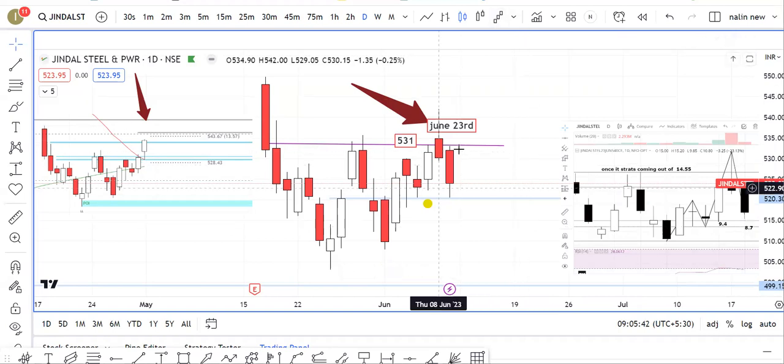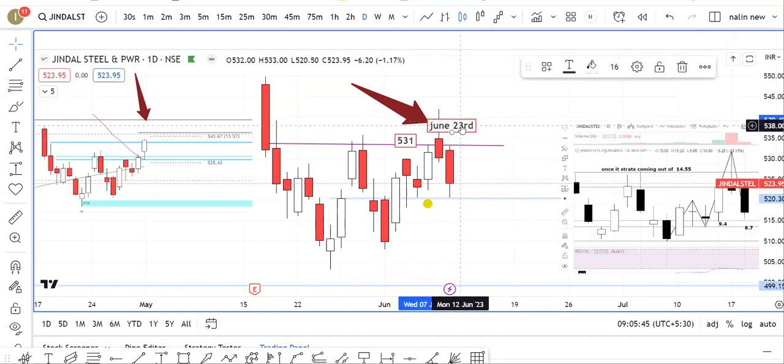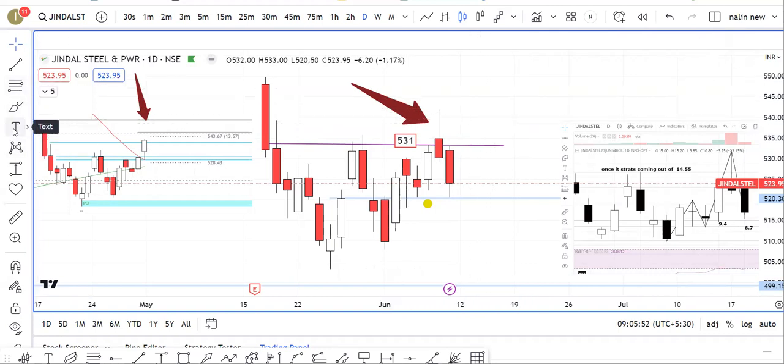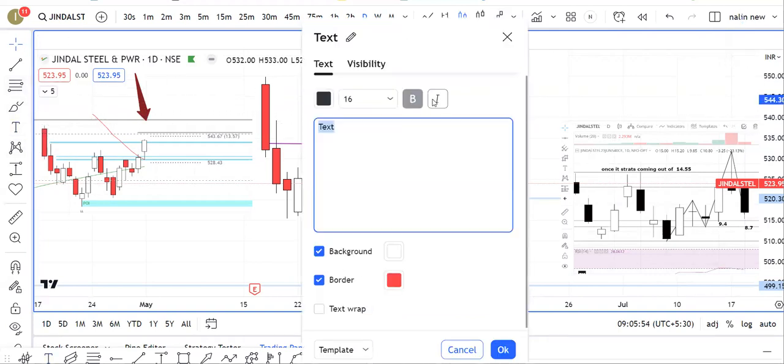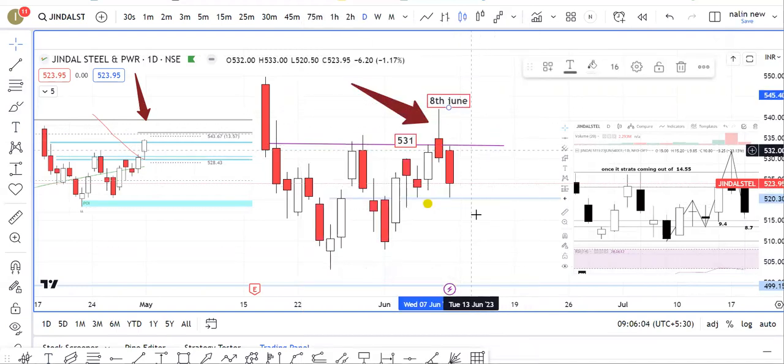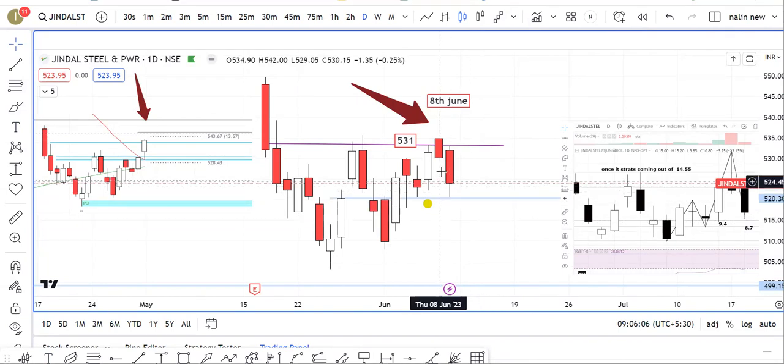I'm discussing the chart pattern of Jindal Steel and Power. Actually, on 8th June, the Jindal Steel Power came out of the range, making a high of 542.